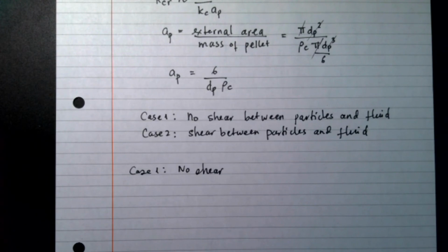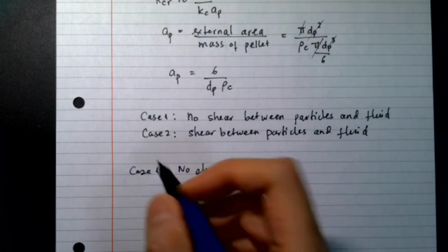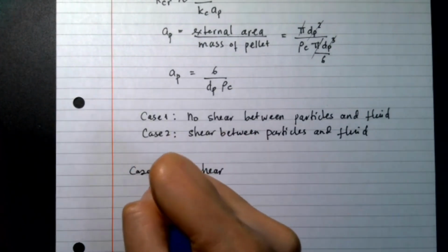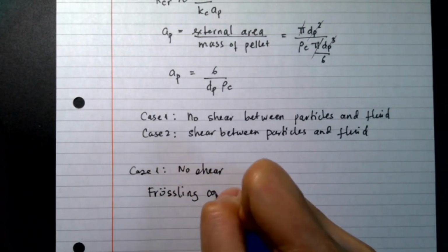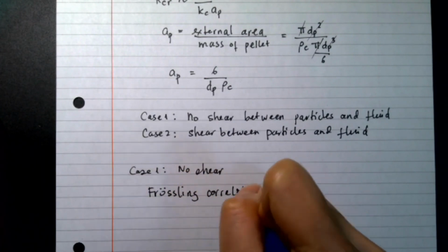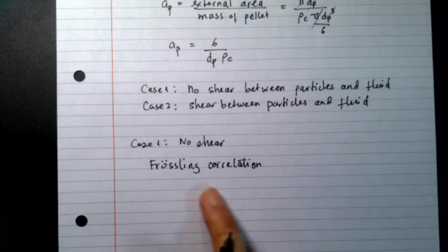Okay, so in this situation, the Reynolds number is small. So if we look at the Frössling correlation, okay, so we had this in topic 4.